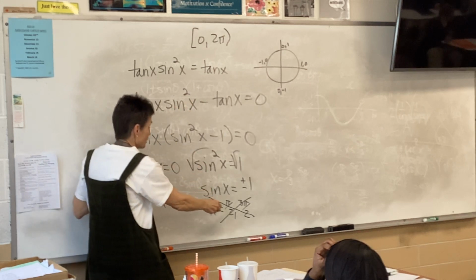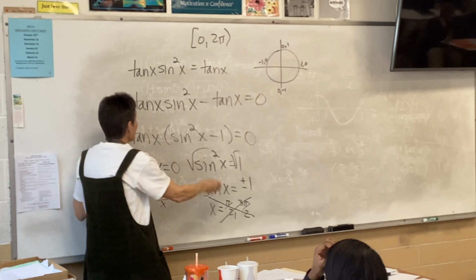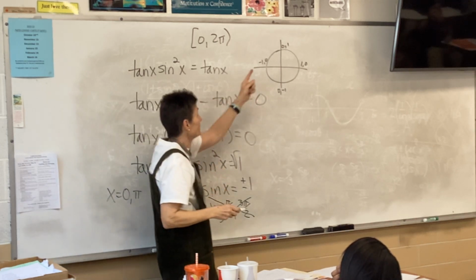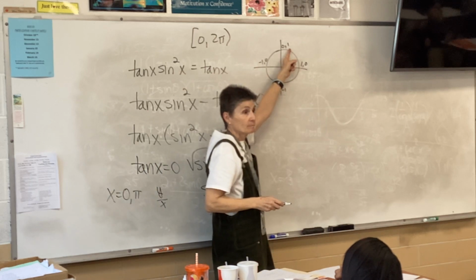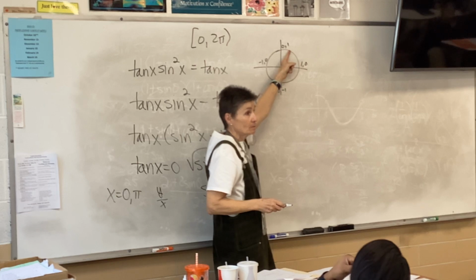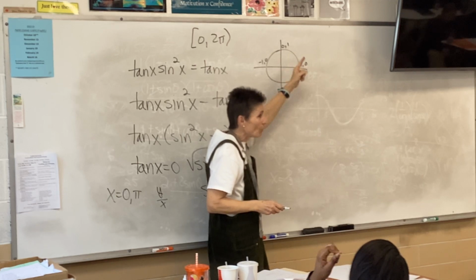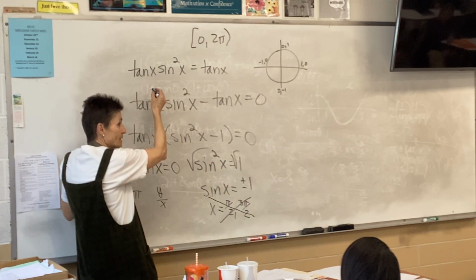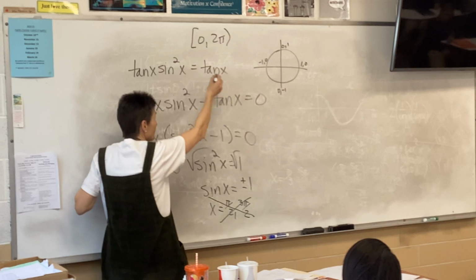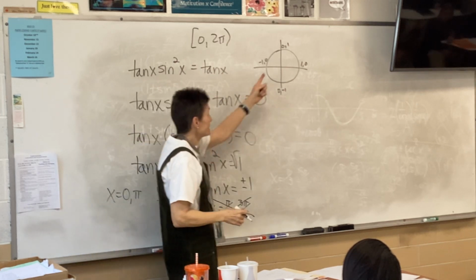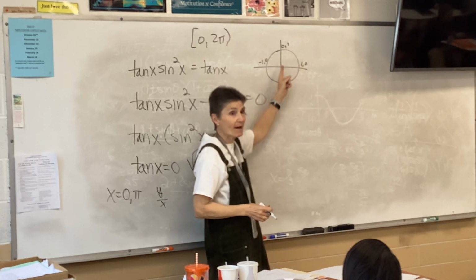Let's just plug in pi over 2. If I plugged in pi over 2, what is the tangent of pi over 2? Undefined. Pi over 2 won't work because you can't plug it in the original equation. Anytime the original equation contains a tangent, these angles aren't going to work because you can't have a tangent here.